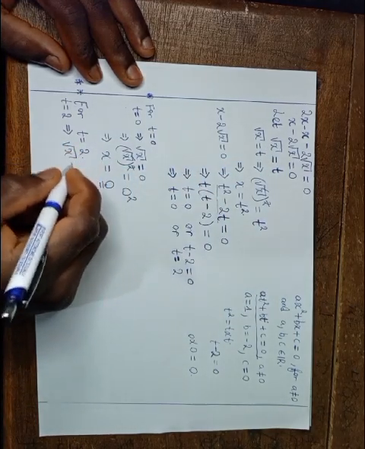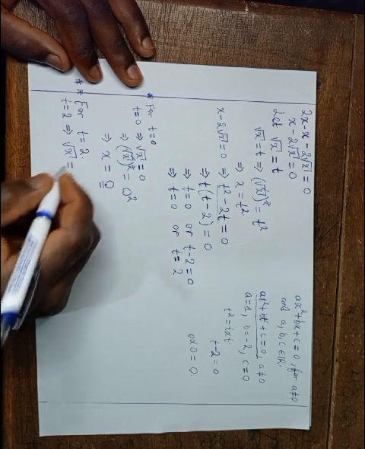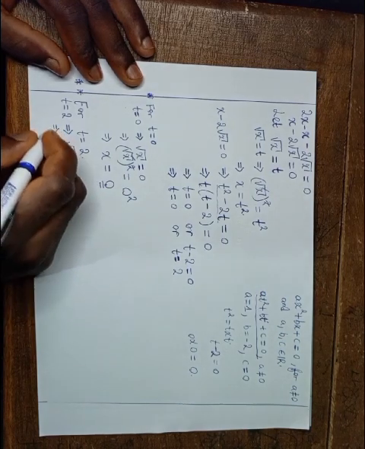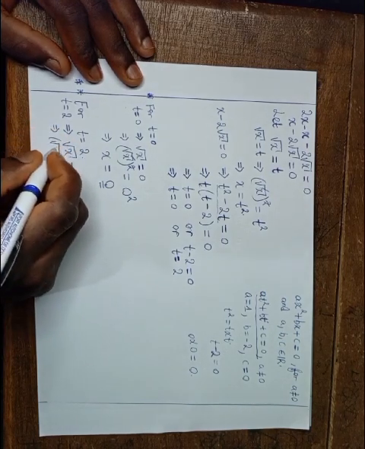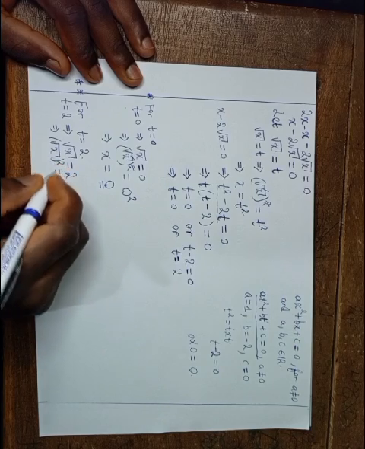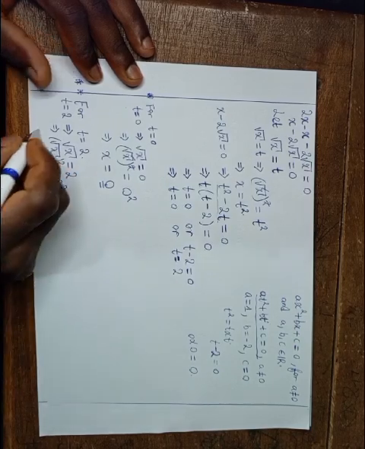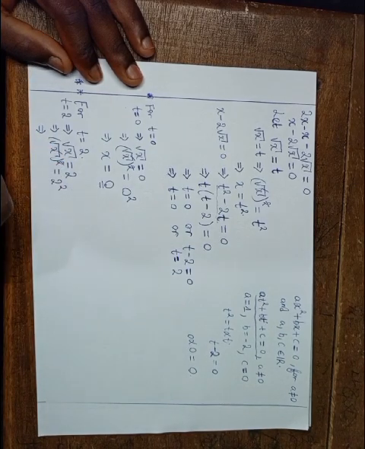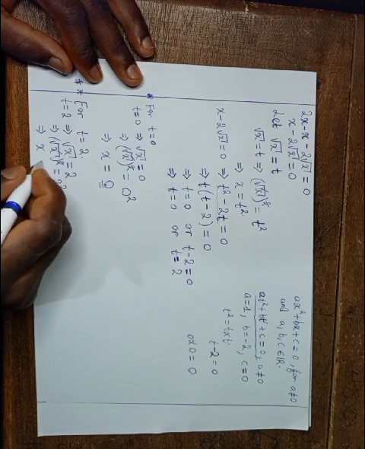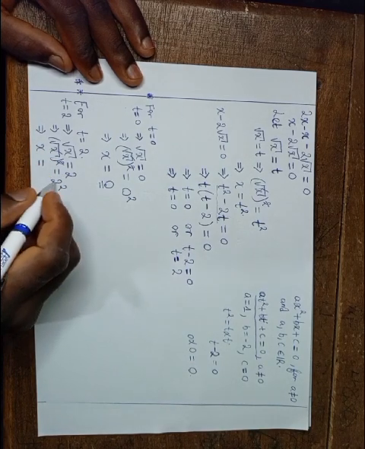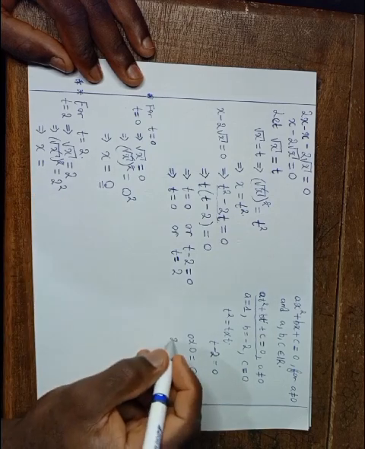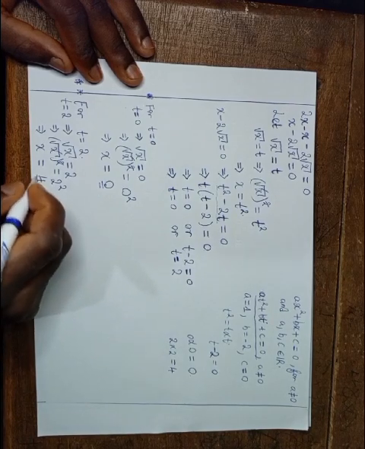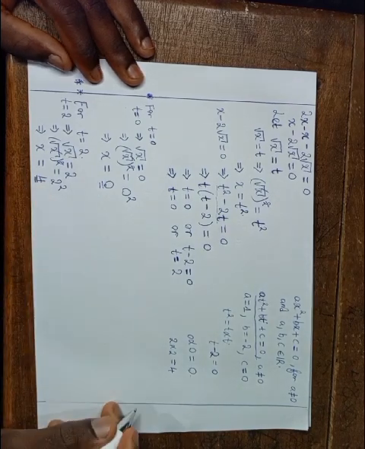Root x is equal to 2. Next step, we need to square both sides. Root x squared will be equal to 2 squared. This and this will cancel. We'll be left with x. X will simply be equal to 2 squared. We know 2 squared is the same as 2 times 2, which is 4. So it gives us x equal to 4.